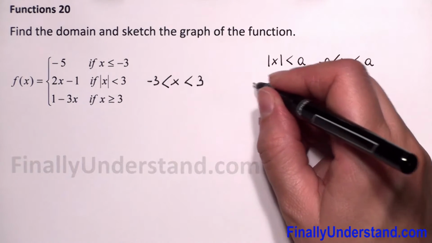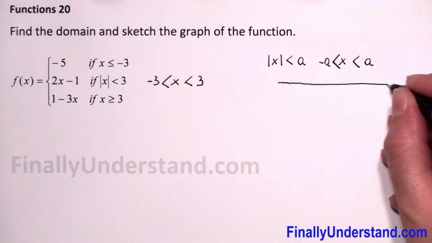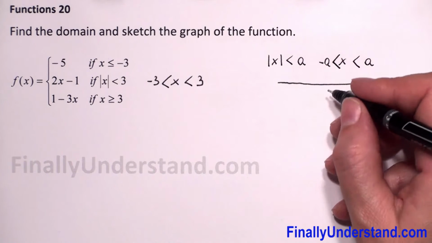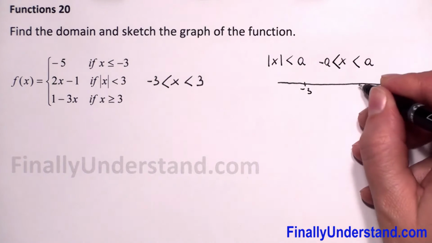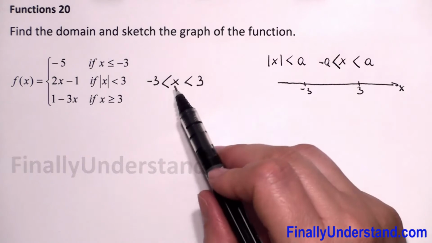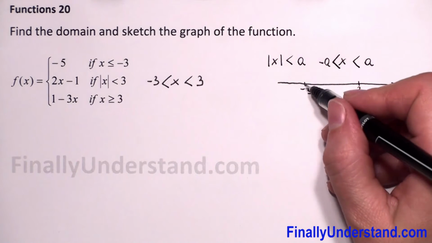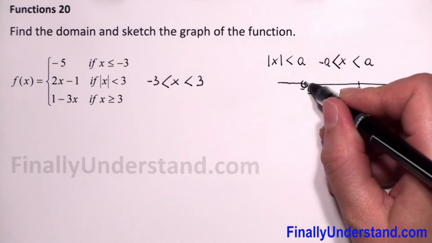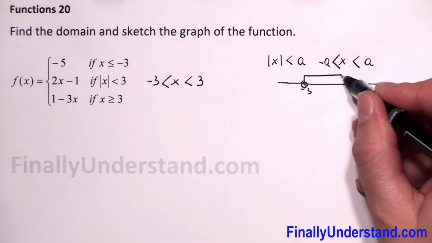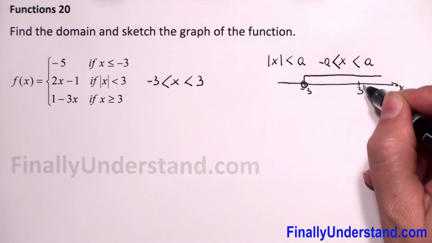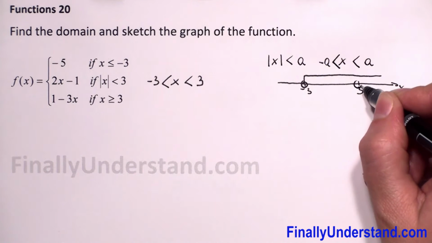So we can draw x axis. We have -3 and 3. X must be greater than -3. But -3 is not included. Greater than -3, it's going to positive infinity. And less than 3.